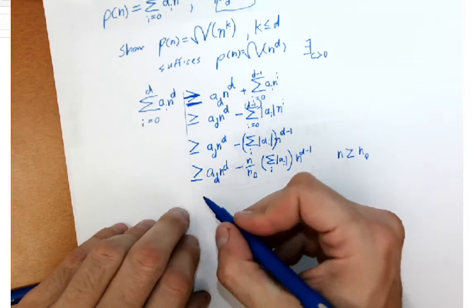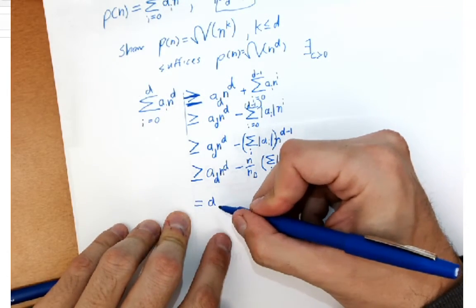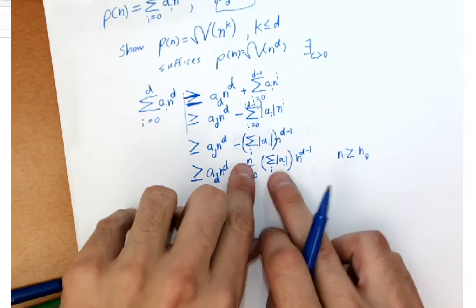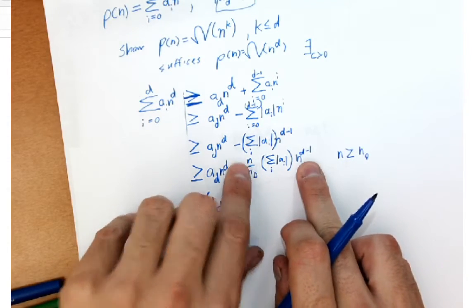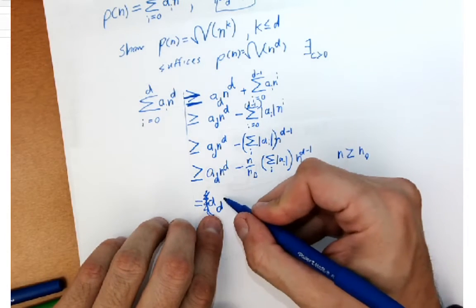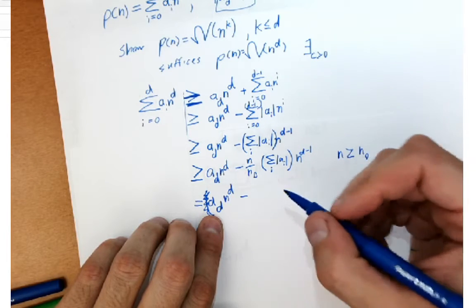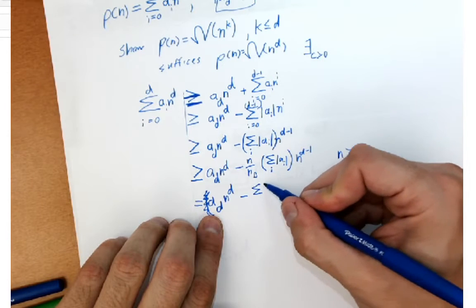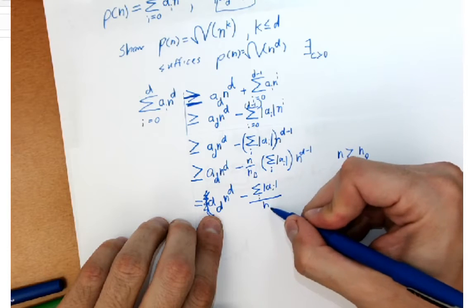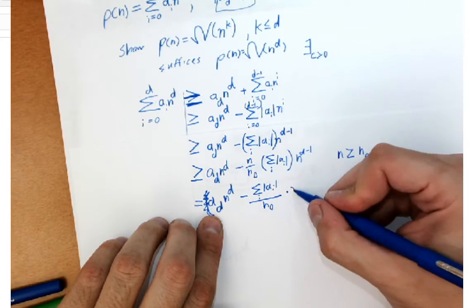So this is equal to a sub d, and I'm factoring out n to the d because this is n times that n to the d minus 1. Let me not factor out yet. I'll do it in multiple steps. A sub d n to the d minus, and then I'll write that summation, summing over i, divided by n naught times n to the d minus 1 times n is n to the d.